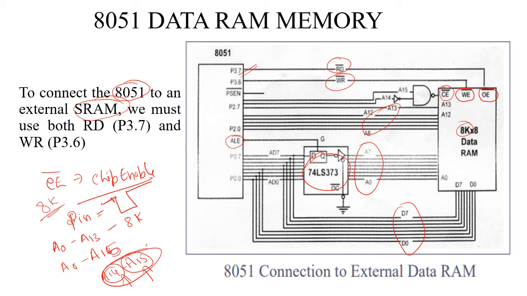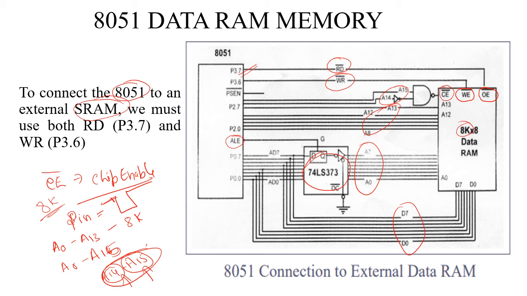In order to avoid such accidental read or write operations, we use those pins A14 and A15, which have to be active low always, in order to generate the chip enable.